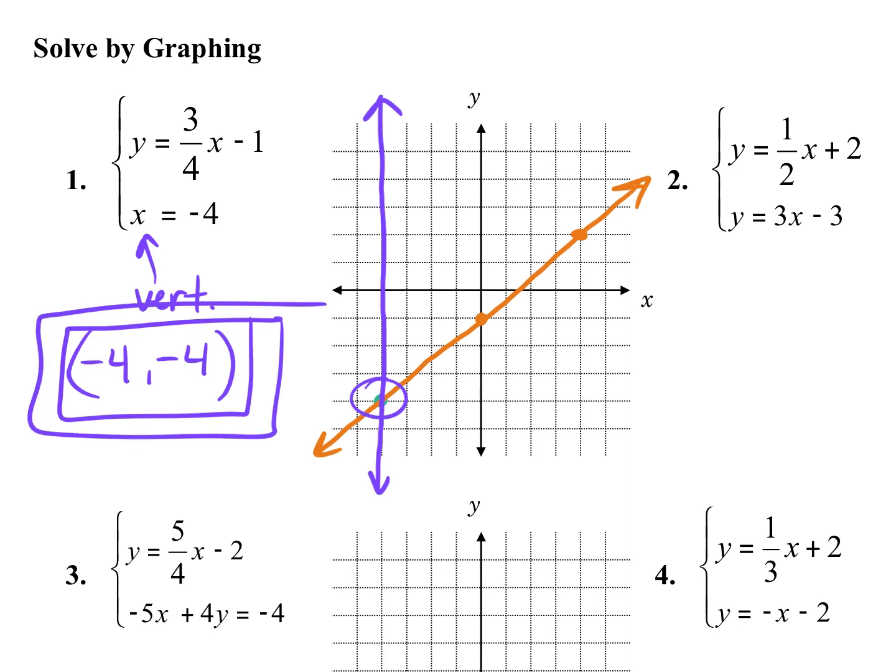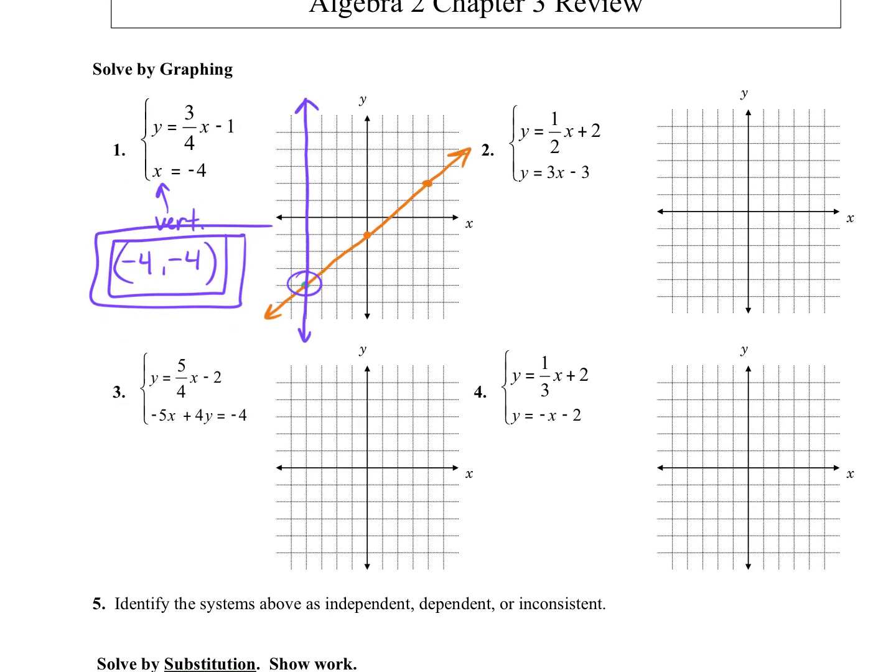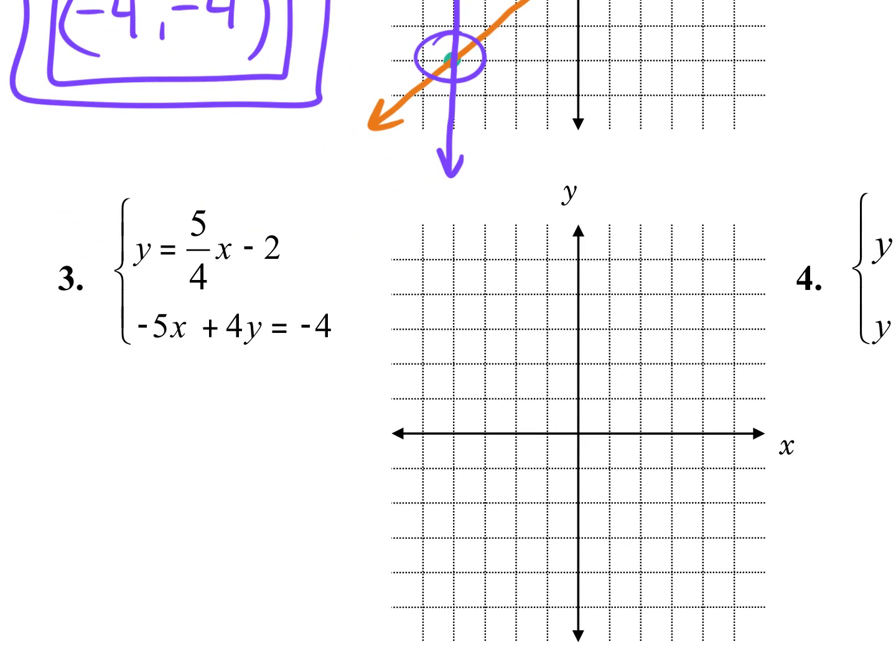Give me another one. Number 3. So this first one is in slope-intercept, so we're going to go down 2 and plot a point there. And then it's 5/4, so up 5, 1, 2, 3, 4, 5. To the right 4, 1, 2, 3, 4. Okay, so here's your first line.